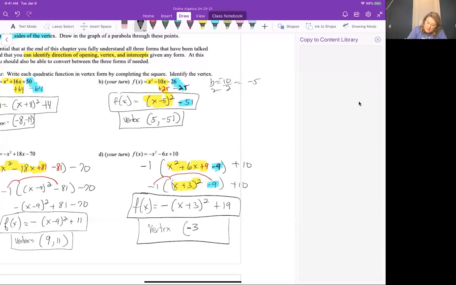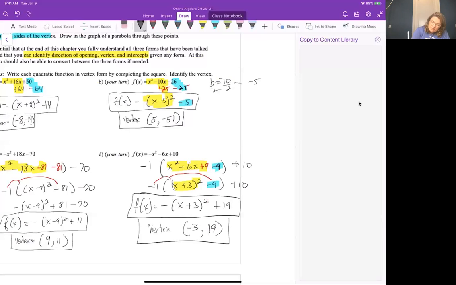So think of it this way: if I have x minus a -3, there is my h value, because I have to have a negative in front of that h. Hope that helps. And we have 19 as my y coordinate of the vertex.